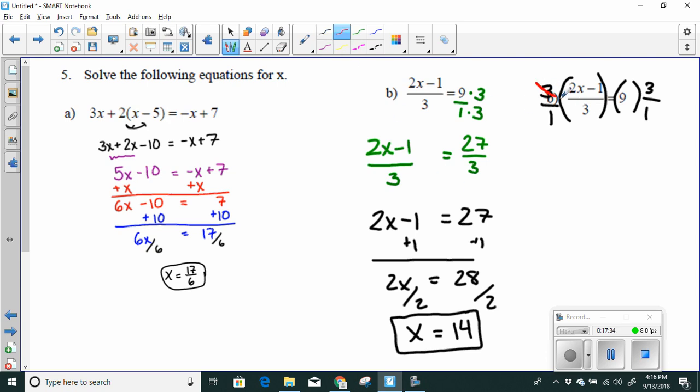These two operations are inverse operations, so they cancel each other out. What we're left with is 2x minus 1 equals 9 times 3 divided by 1, which is 27. You'll notice we're in exactly the same spot, so we get exactly the same answer. x is 14. Whatever way floats your boat or makes sense to you.